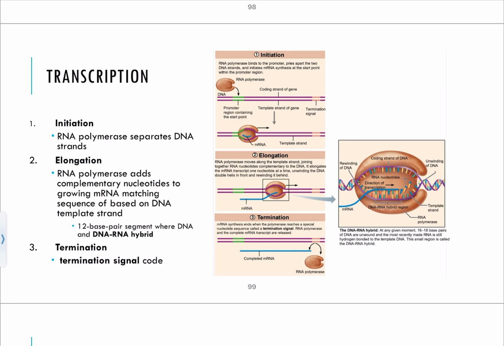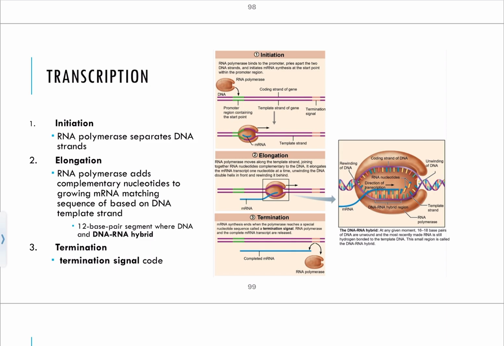So both transcription and translation have the 3 basic steps: initiation, elongation, and termination. However, what's going on in each one of these steps is a little bit different depending on whether or not we're talking about transcription or translation. So for transcription, again, our enzyme is RNA polymerase. So that's what's going to begin initiation.